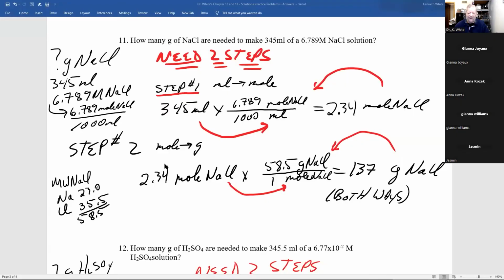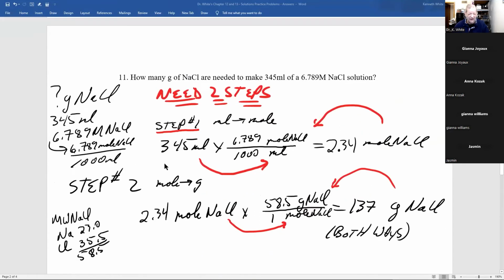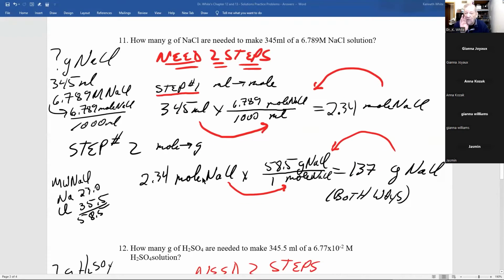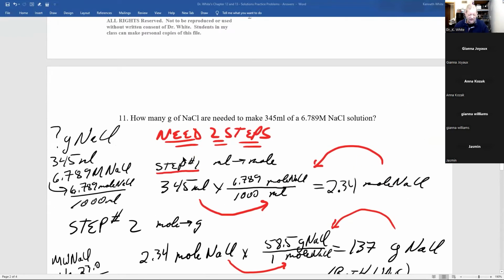All right, let's get back to not important information, but with the chapter on solutions, quiz number 4, problems. All right, let's look at number 11.